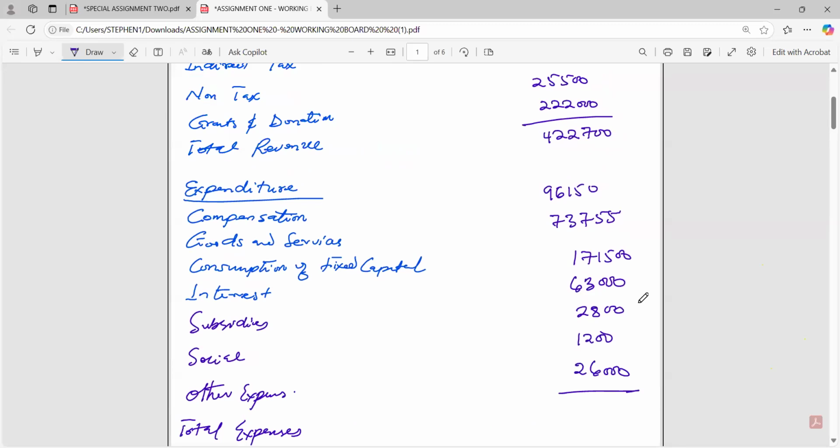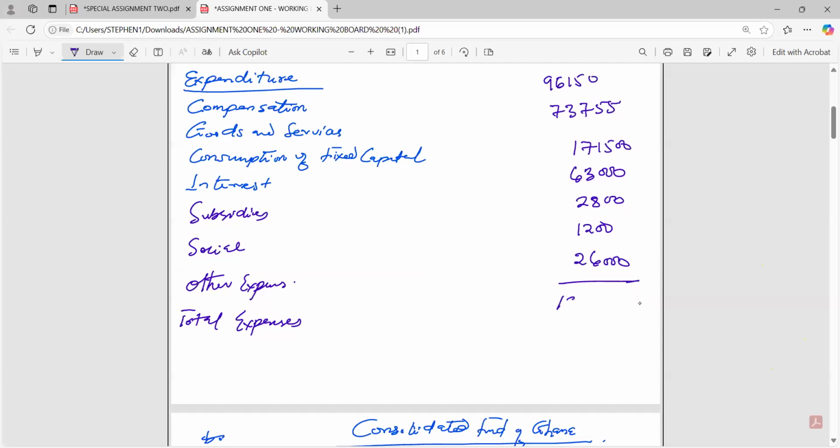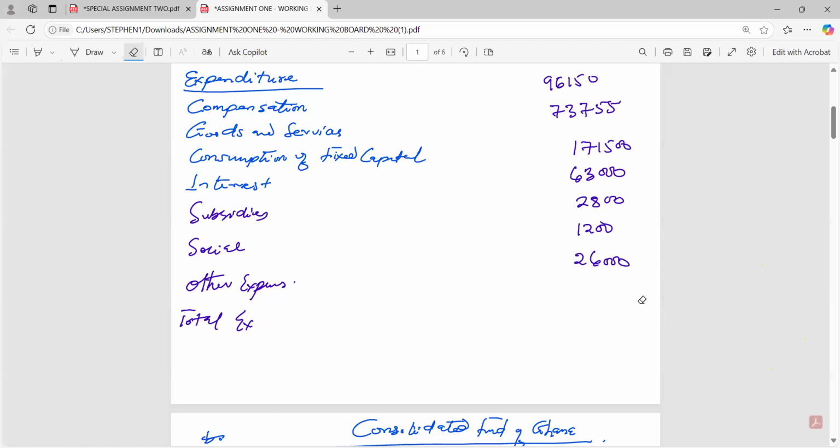Add the thing and stop talking. 434,405. There is grant expense.